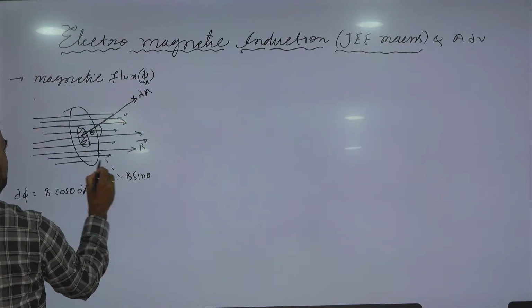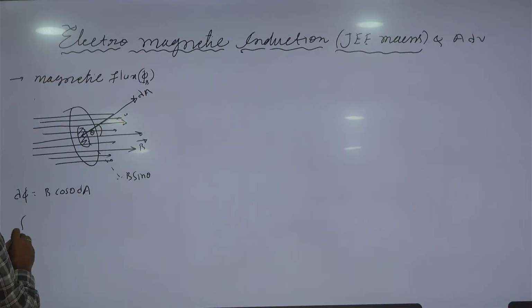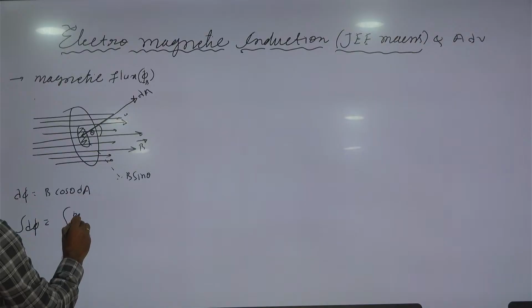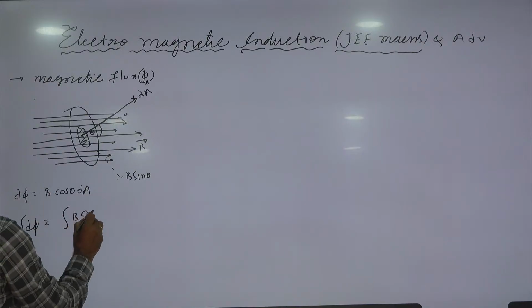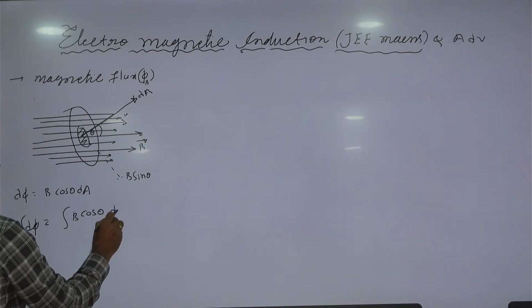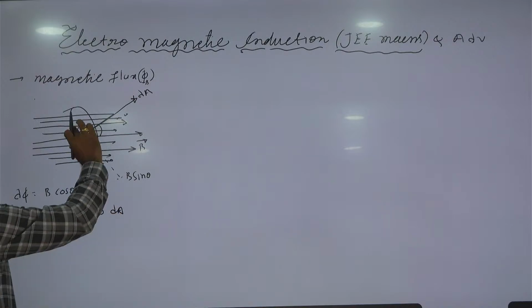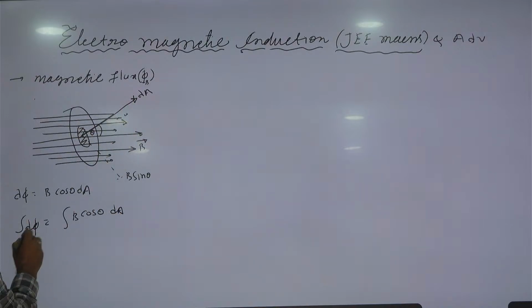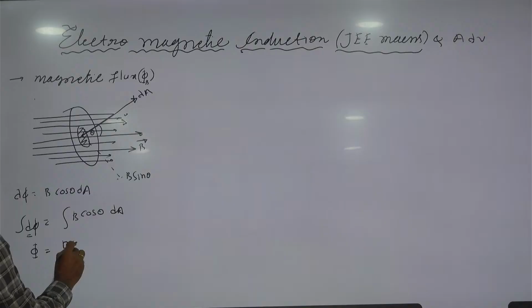The total flux passing through this area is given by the integration of d phi, which is the integration of B cos theta dA. Here B cos theta is constant, so it comes out of the integration.